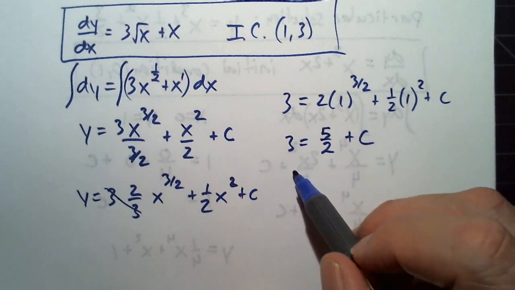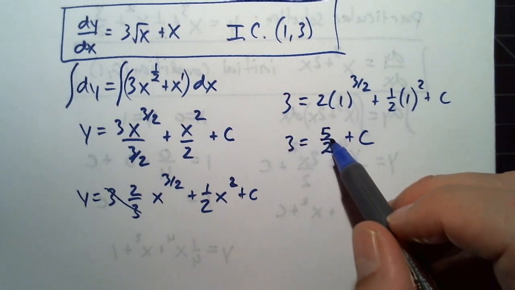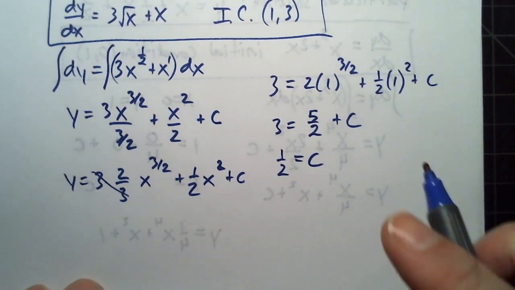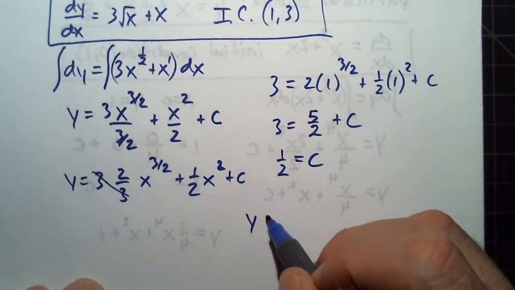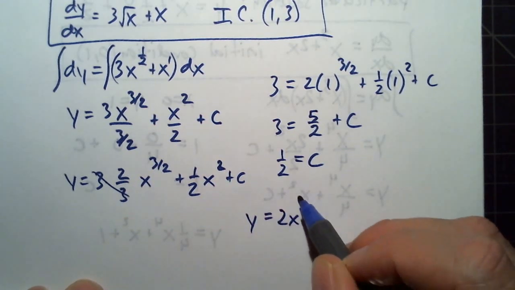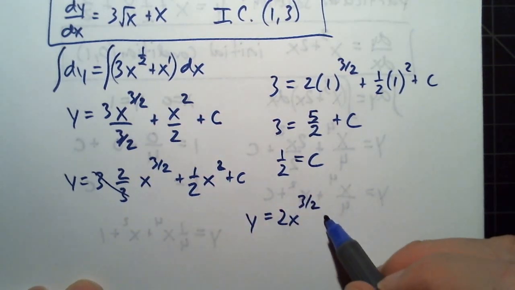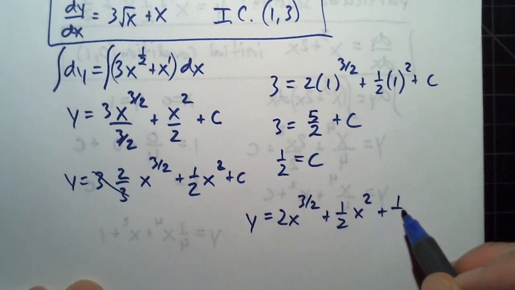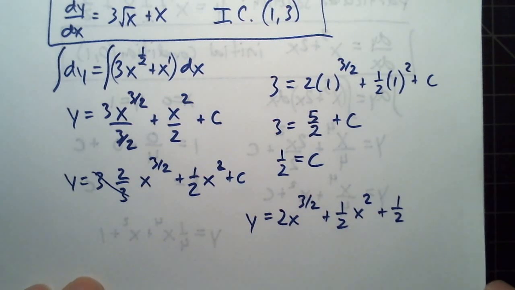And then this is 6 over 2. So 6 over 2 minus 5 over 2 is 1 over 2. And we get the particular solution, 2x to the 3/2 plus 1/2 x squared plus 1/2 is the particular solution.